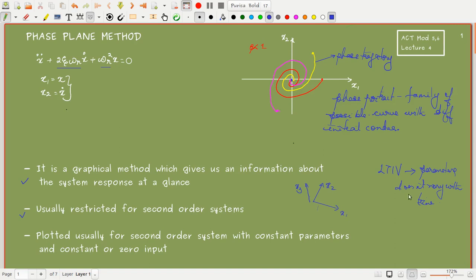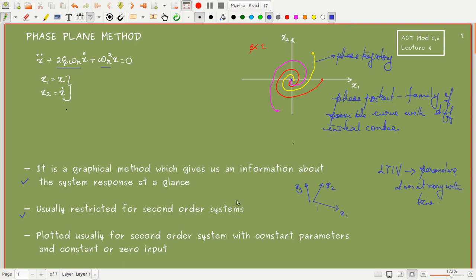But if the parameters are changing with time, the trajectories may intersect at some point of time, and it becomes a tedious task to plot all these trajectories in time.